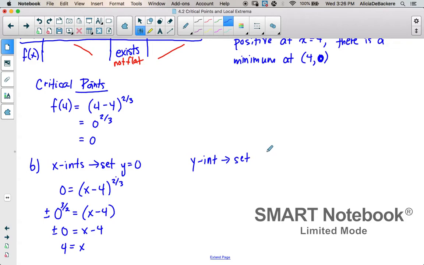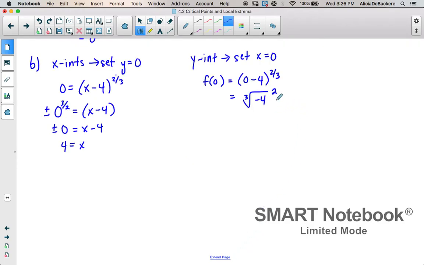So to find my y-intercept, I'm going to set x equal to 0. And I'm remembering that the 2/3 is the cube root of -4, squared. And you can either square the -4 first or cube root it first and then square the result.